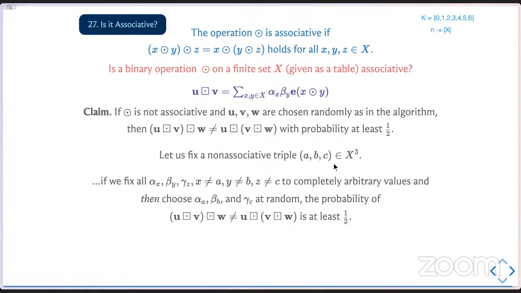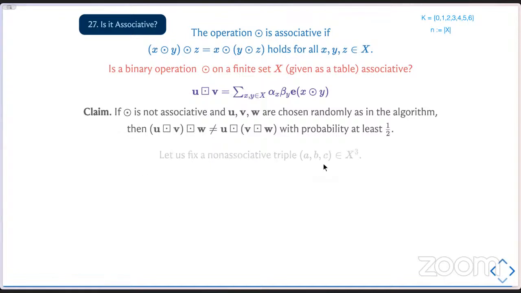And for ABC, which are the elements that are giving us trouble, these elements are not associative, we are going to think of the choices that we made for them as random variables, and we are going to work with those. So from A, we are going to pick alpha A, from B, we are going to pick beta B, and from C, we are going to pick gamma C.